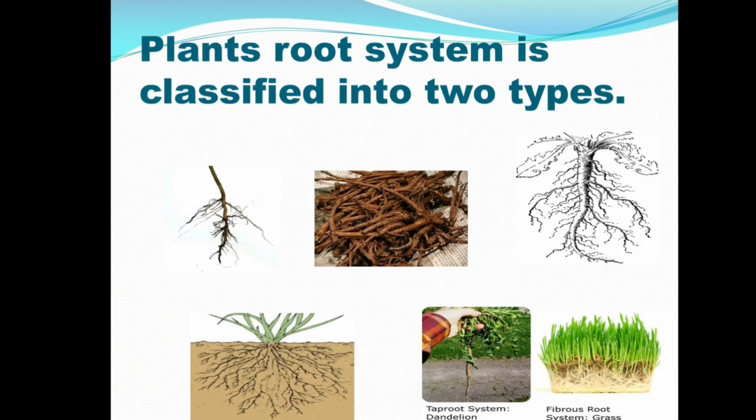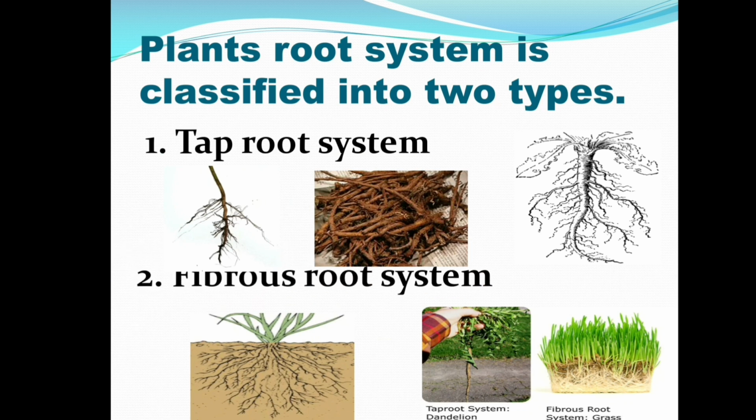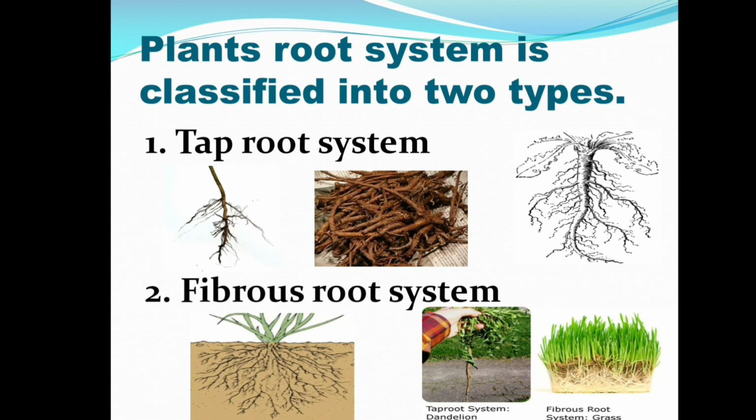A plant's root system is classified into two types. The first one is taproot system and the second one is fibrous root system.